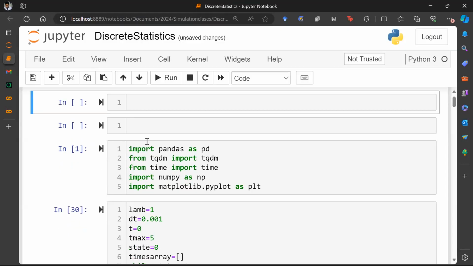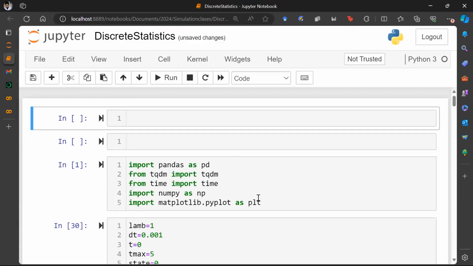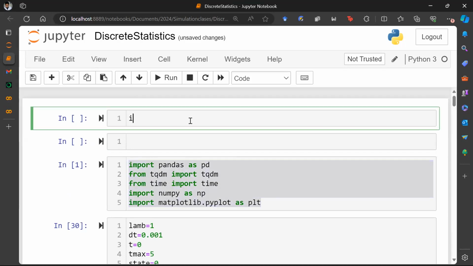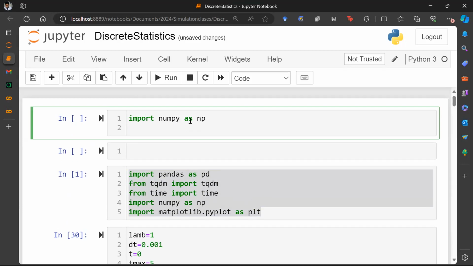Okay, so here I'm going to use 5 libraries. The first one is going to be, as I told you, NumPy. The second so far is matplotlib.pyplot as plt.